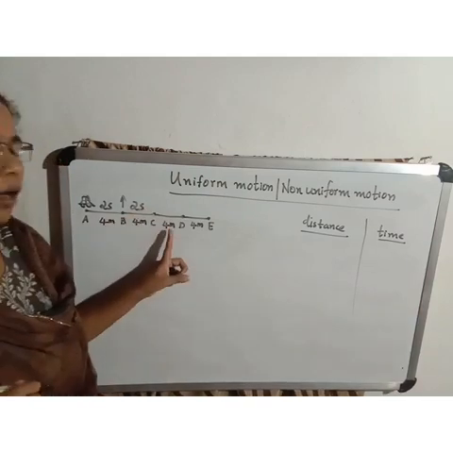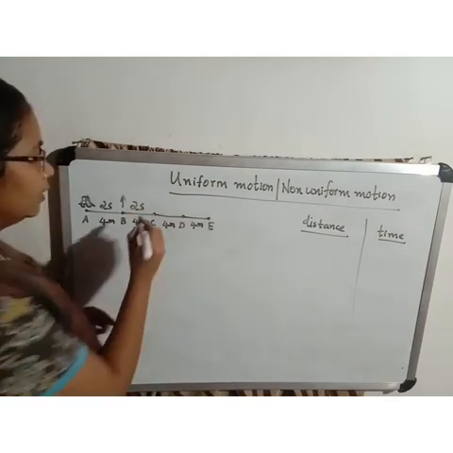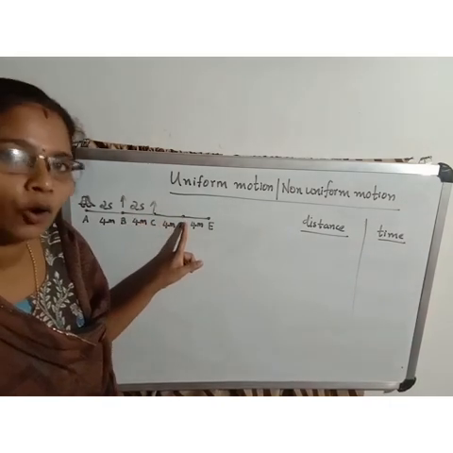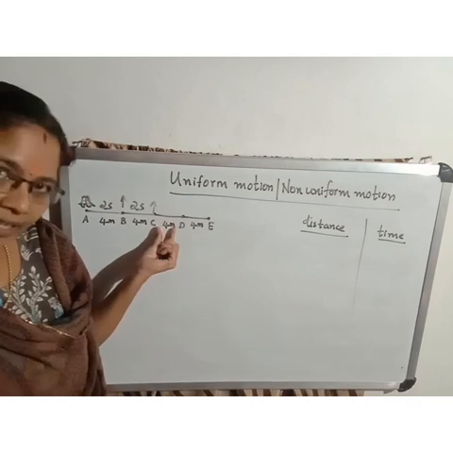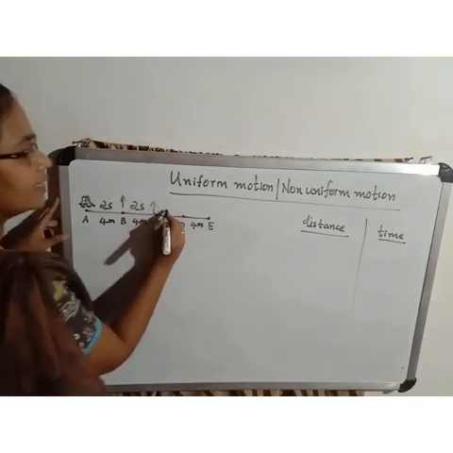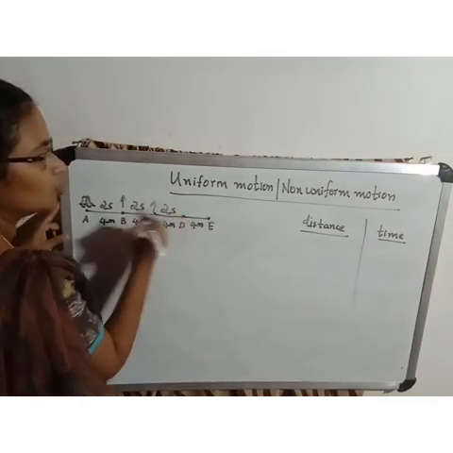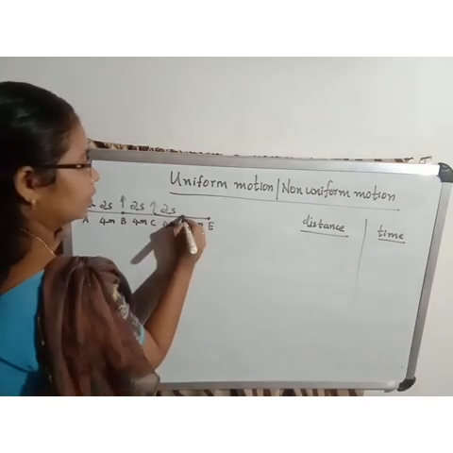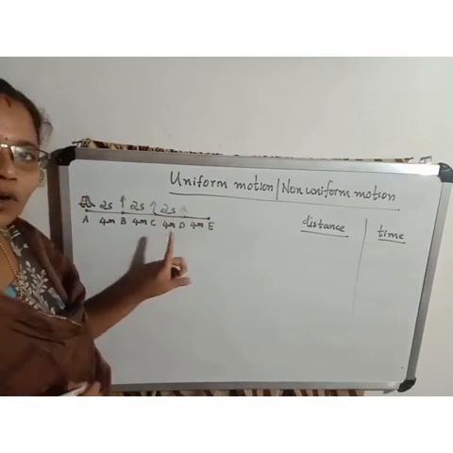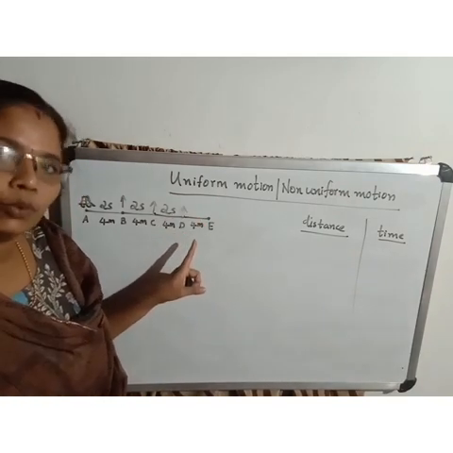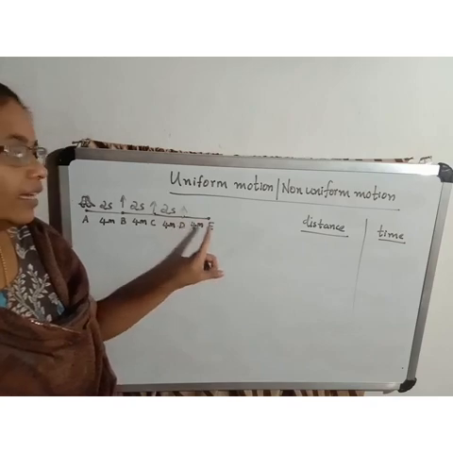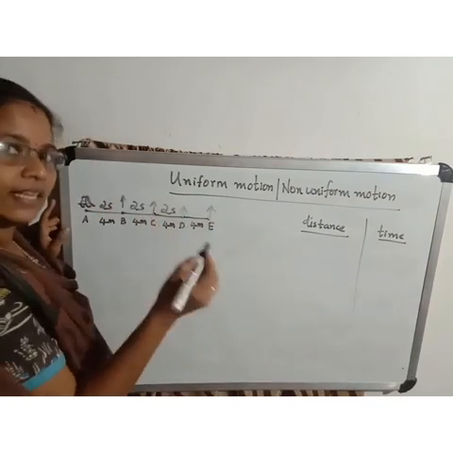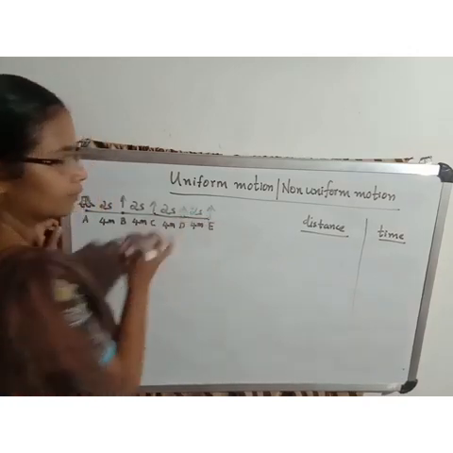Now the car still continues its motion from the point C and reaches the point D by covering another 4 meters, taking the same time, which is 2 seconds. Now the car is at the point D. Now the car continues its motion and from D it reaches E, by taking again 2 seconds.